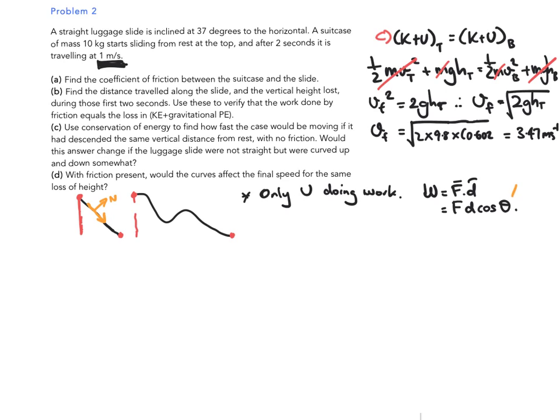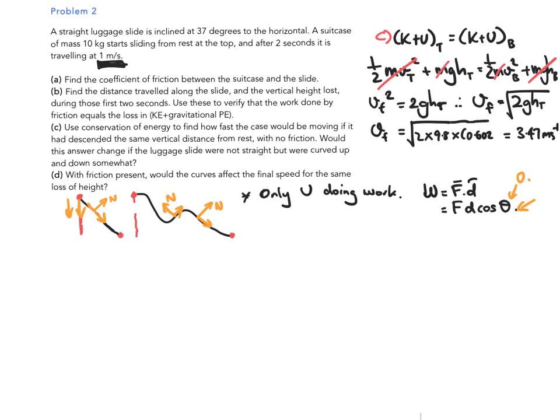So this cos term is going to go to 0. So no work done by that normal force. And it's the same here. This way, there's a normal force acting. This way, there's a normal force acting. It's always perpendicular to the direction that you're traveling. So there's no work being done by that. But the gravitational force, if you're moving in this direction, mg is also in that direction. So that's maximizing the work that can be done, if you look at this equation.